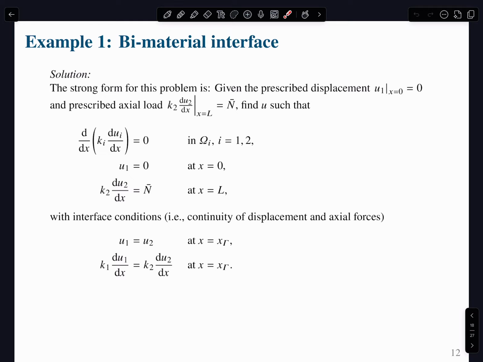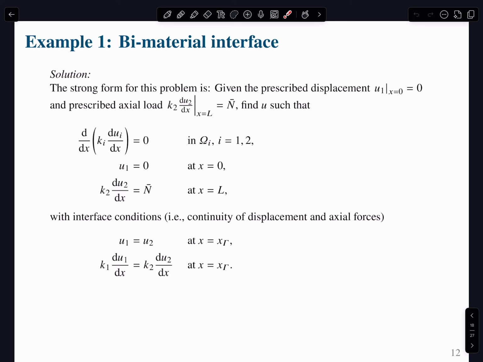And then my boundary conditions are u1, which is the displacement at the left hand, is equal to 0, and k2 du2/dx, which is the value of the force at the other end, equal to n bar. That is my prescribed load. But in order for me to actually solve this problem, I have to apply my interface conditions, right?